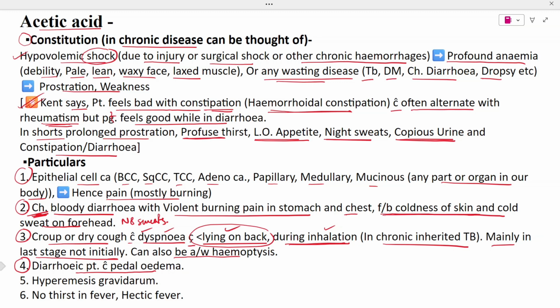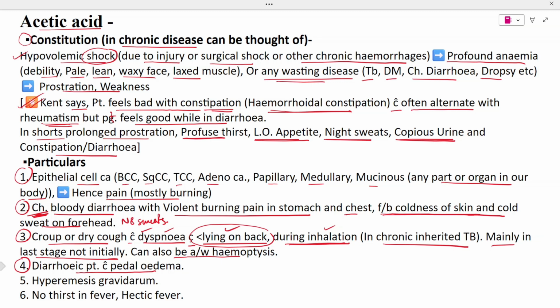We can easily think of acetic acid if the patient is thirsty. That is very important. If the patient is thirsty, so thirst intake is good. These are the common features: loss of appetite, copious urine, and usually diarrhea, and now the patient says, my legs get swelled up gradually, and I do not know why this is happening.